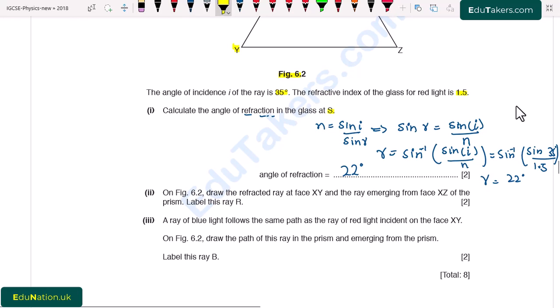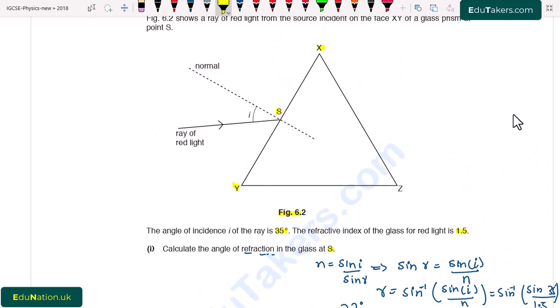Part 2. On figure 6.2, draw the refracted ray at face XY and the ray emerging from face XZ of the prism. Label this ray R. So going back to figure 6.2, here we have to draw the path of this red light when it passes through the prism and comes out of the prism. So first of all, outside is a rare medium while the prism is a denser medium because the prism has large density.